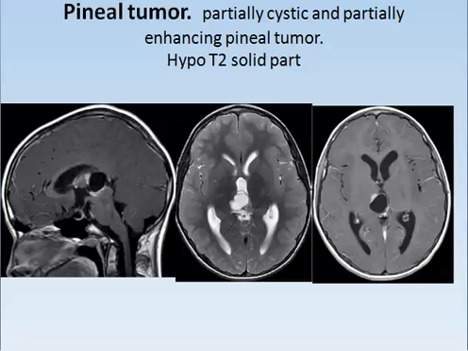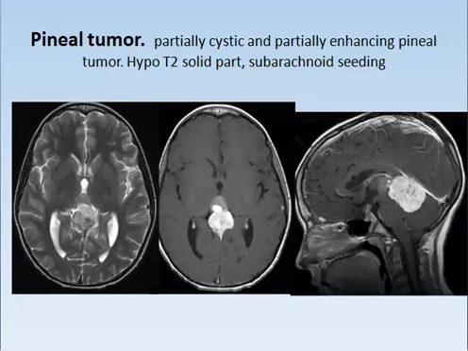A pineal tumor that is partially cystic, partially enhancing, with a nodule, could be diagnosed as astrocytoma. A pineal tumor that is solid with a cystic area, but showing subarachnoid seeding, this one and that one.